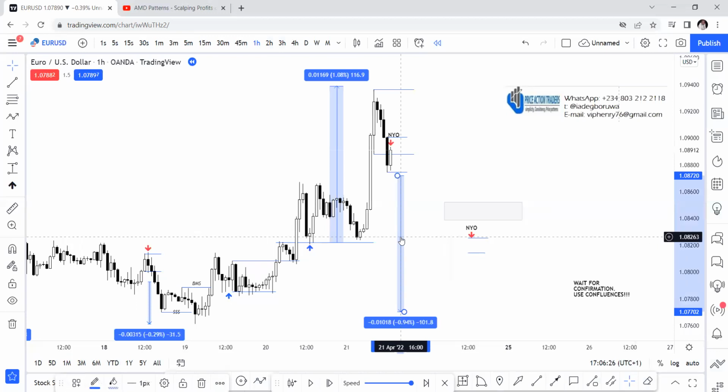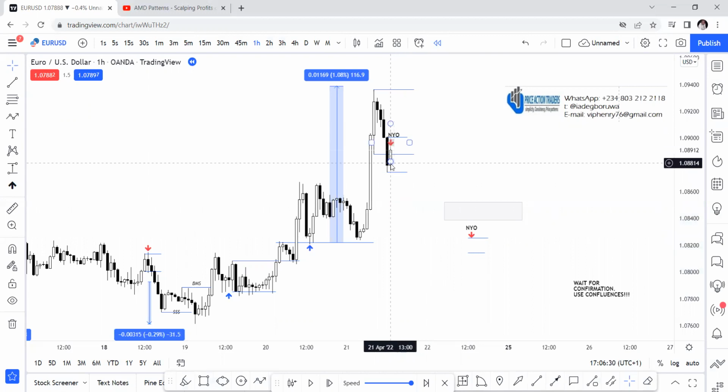We pulled almost about 101 pips till now. So this is the setup. You got a setup here. You have to wait for it.